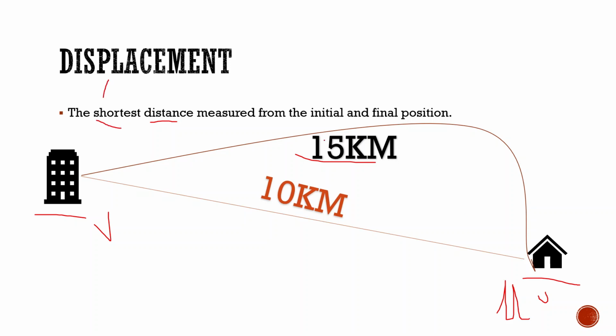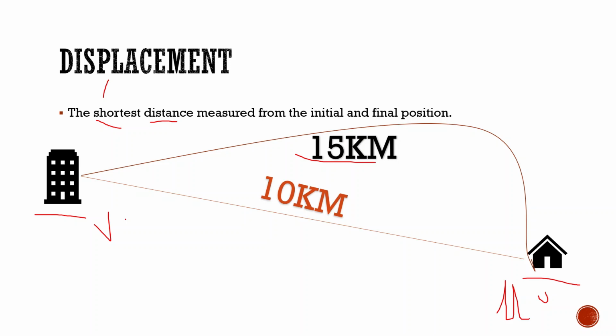So here you have 15 kilometers and a path which is lesser than 15 kilometers, yes, 10 kilometers. So here the displacement is 10 kilometers. From initial to final position, we have a path of 15 kilometers and also 10 kilometers, so the displacement is 10 kilometers.